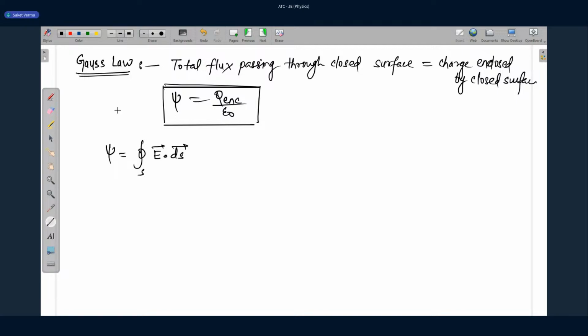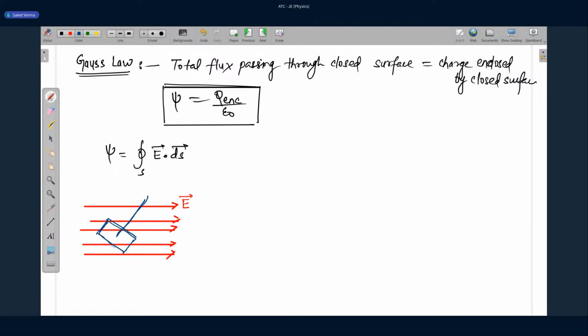Suppose how do you calculate the flux? There are electric field lines. Suppose these electric field lines are not passing through any surface, that will not generate flux. But suppose it passes through some surface, say you have kept a plane over here. The electric field line passes through this. Perpendicular to this surface is ds, and the angle between the electric field line, which is horizontal, and ds is theta.